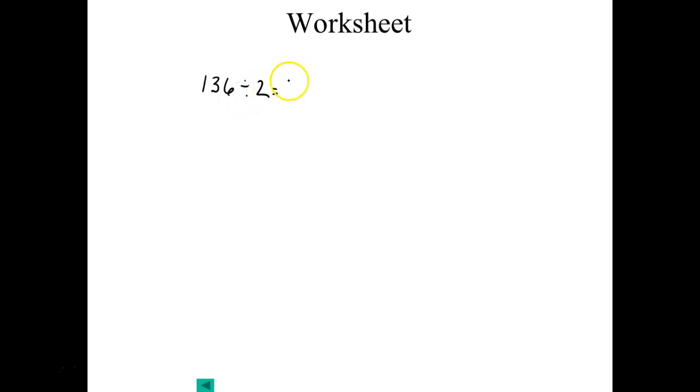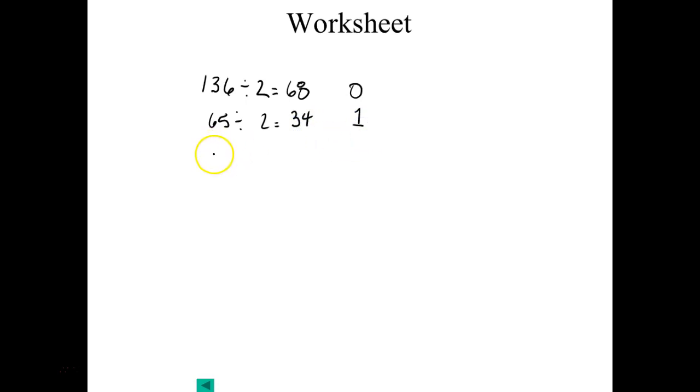So this would be what? 68, right? And what's my remainder going to be? 0, right? And 68 divided by 2. So that other one should have been 0, right? With a remainder of 1. I'm sorry. So this would be 2. What would this be? 34 with a remainder of 1, right?